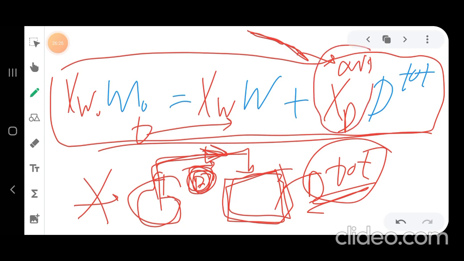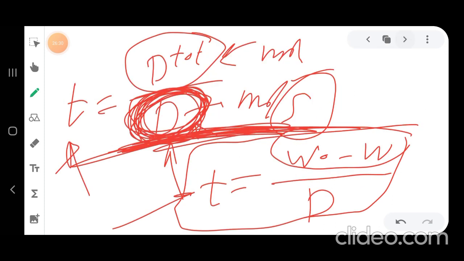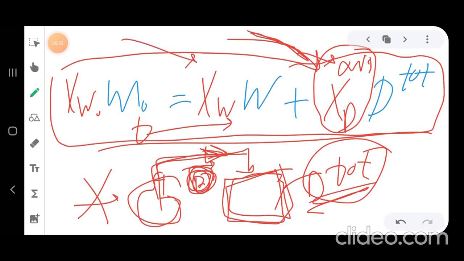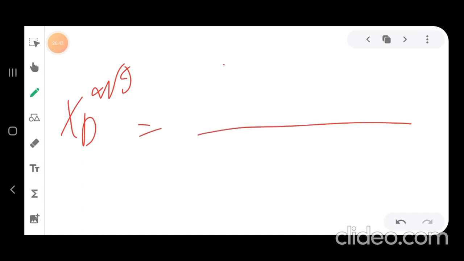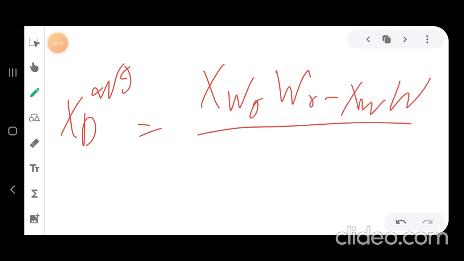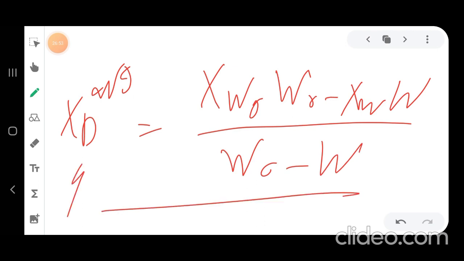If we rearrange this equation in terms of XD average, you will get this equation. This is if you are interested in calculating the average composition of the distillate and the product that we collect. If you rearrange it, you will get: XW naught minus W naught minus XW multiplied by W over W naught minus W. That's it. This is if you want to get this XD average.